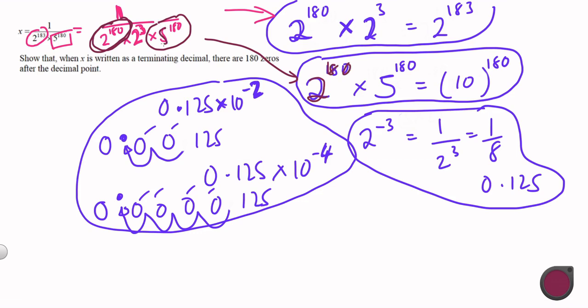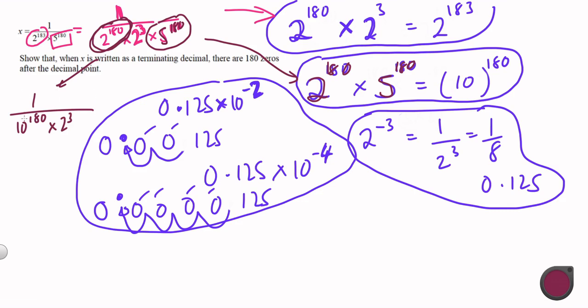And then see this 5 to the power of 180, it's over here. And what does that give us? That gives us 10 to the power of 180. We've already seen that. So let me just rewrite this. That'll be 10 to the power of 180. And that leaves you with times by 2 to the power of 3 on the denominator.